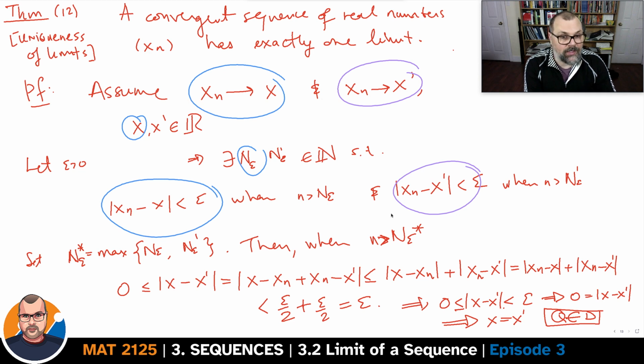And then whenever n is greater than this maximum, everything else stays exactly the same, except here we would end up with x minus x prime in absolute value being smaller than 2 epsilon. Well, the only way that this can be true for every epsilon, because epsilon is arbitrary, is if x minus x prime in absolute value is equal to 0, just to say that x is equal to x prime.